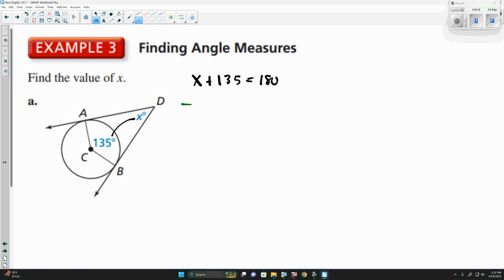And to solve this, we would subtract 135 from both sides, telling us x is 45 degrees. Any questions on any of this here?